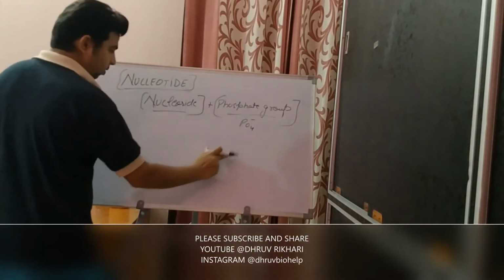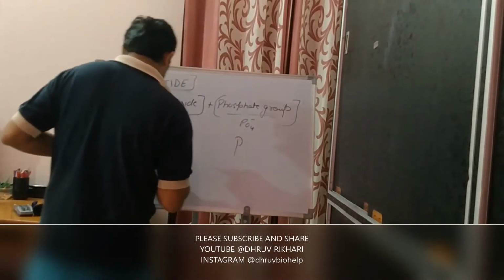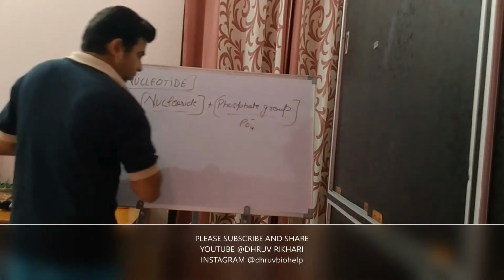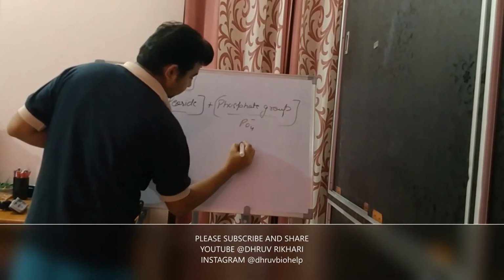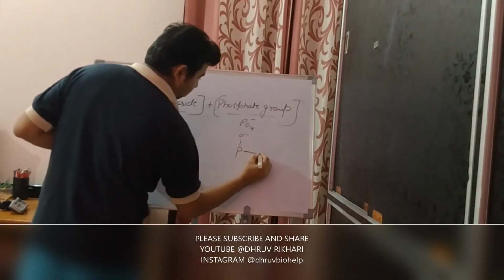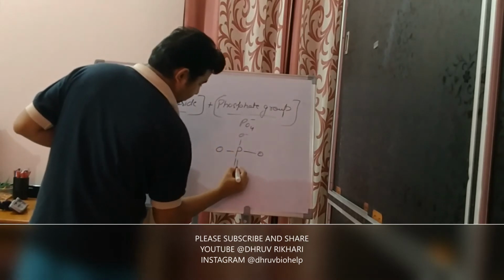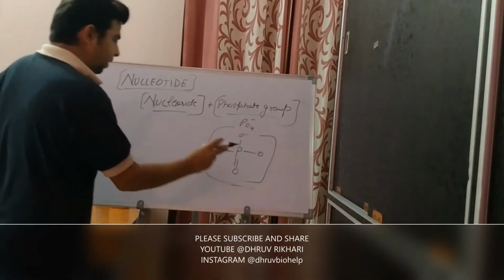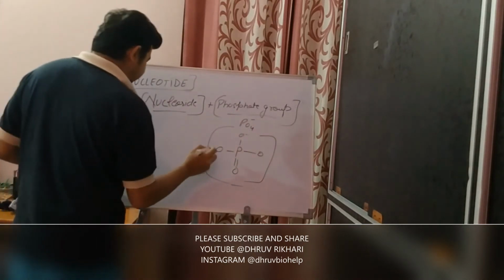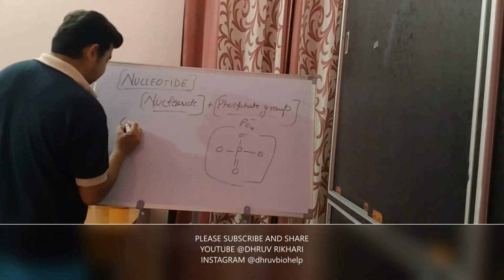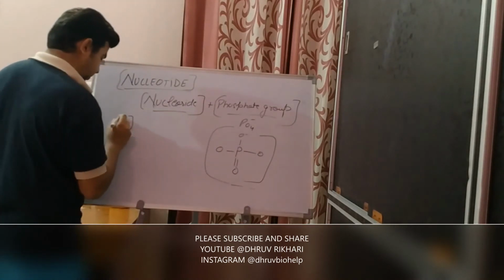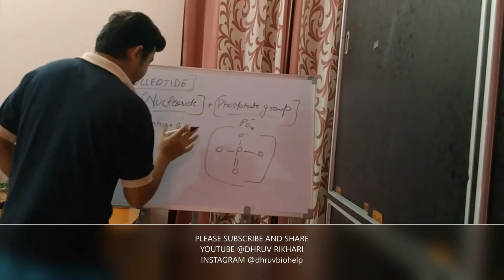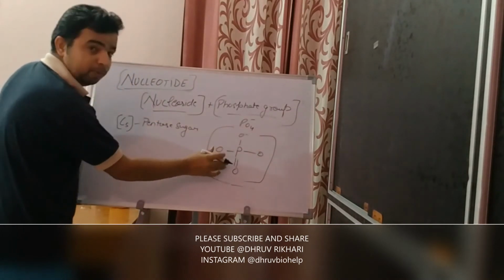So the structure of nucleotide is single bond O, so this is a phosphate group. Now this phosphate group attaches at the carbon 5 of pentose sugar, carbon 5 of pentose sugar, where this phosphate group gets binded.